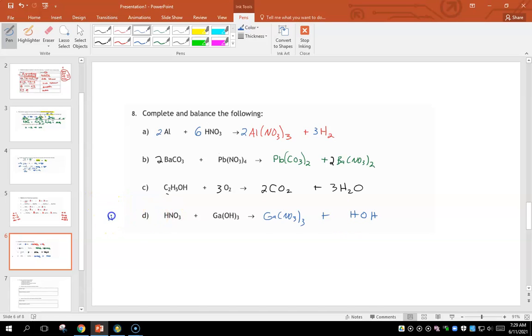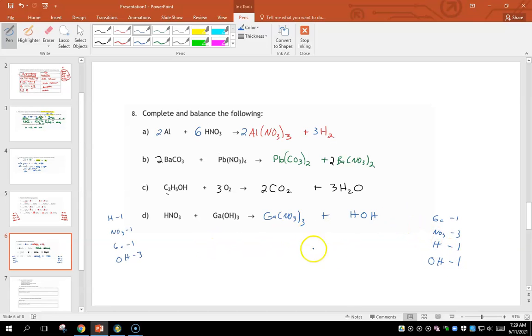Now, I've got 1 hydrogen on this side, 1 nitrate on the left, 1 gallium on the left, and 3 hydroxides on the left. On my right side, I got 1 gallium, 3 nitrates, 1 hydrogen, and 1 hydroxide.